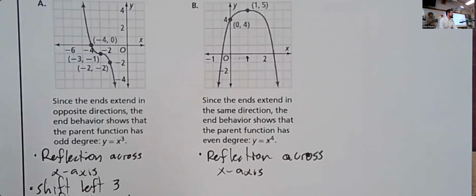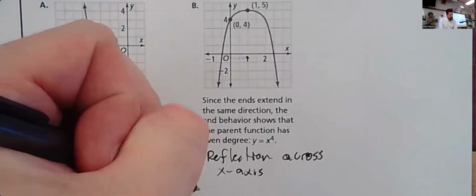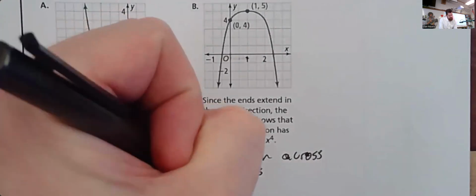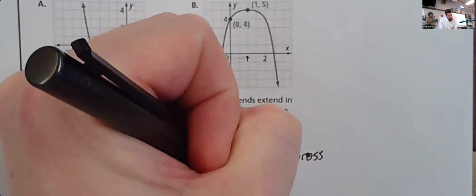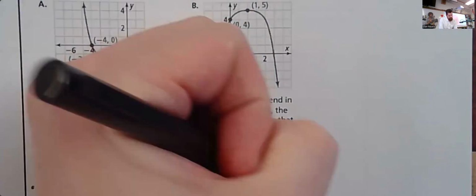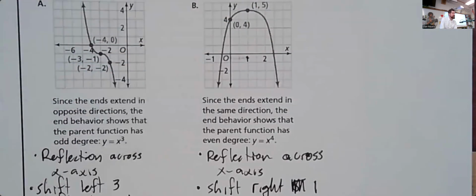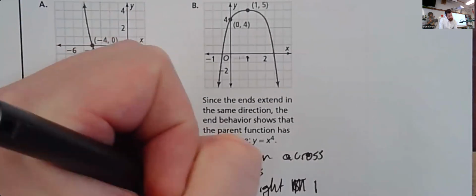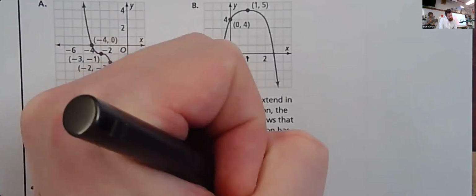It's now at 1, 5. So what are we talking about? Shift right 1. And then what other direction? Up 5. Good.